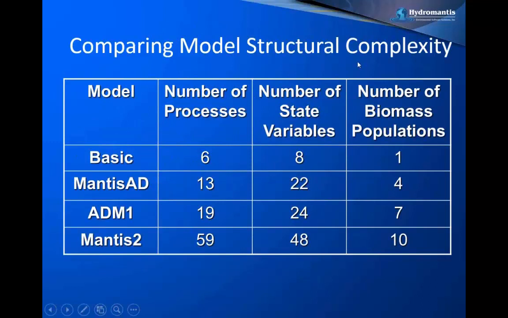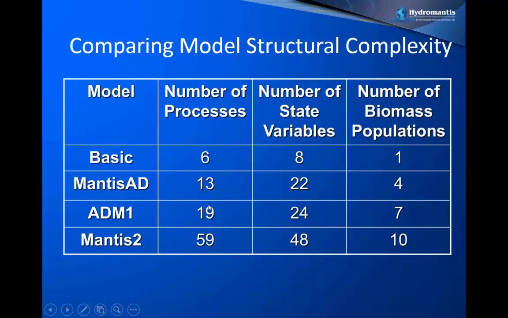Now, if we compare the structural complexity, we can see that the basic model only has 6 processes, the number of state variables is 8, and the number of biomass only 1, so we are only tracking methanogens here. MantisAD: number of processes is 13, number of state variables 22, number of biomass populations 4.